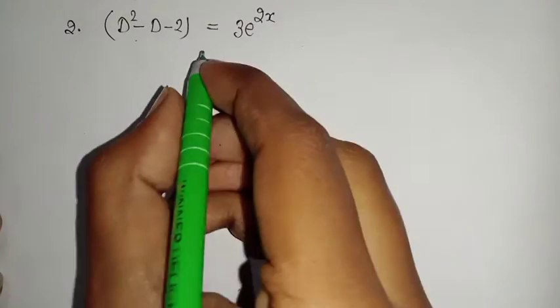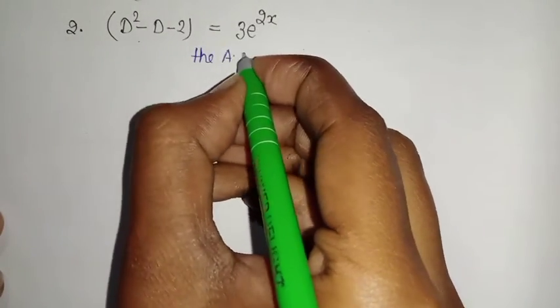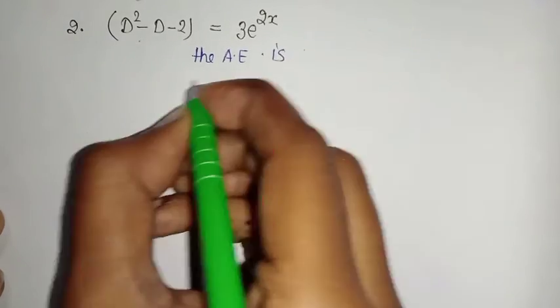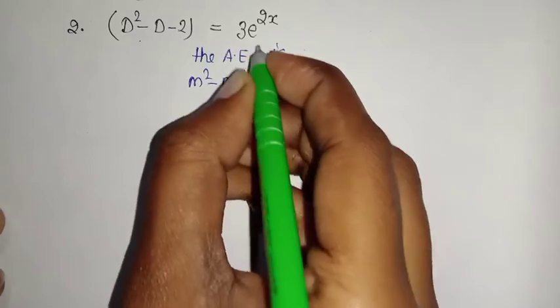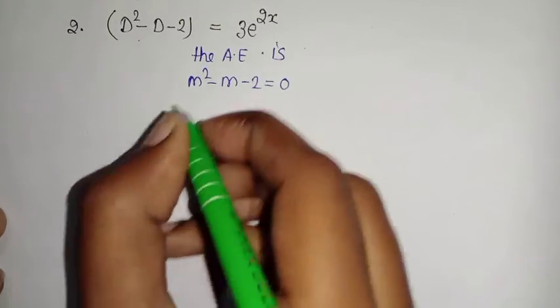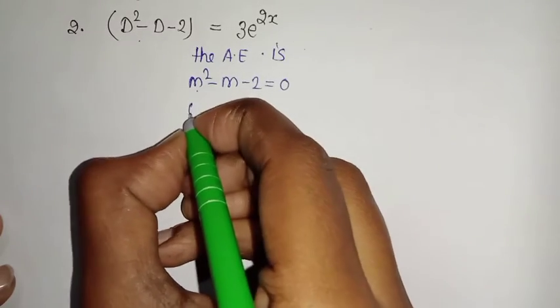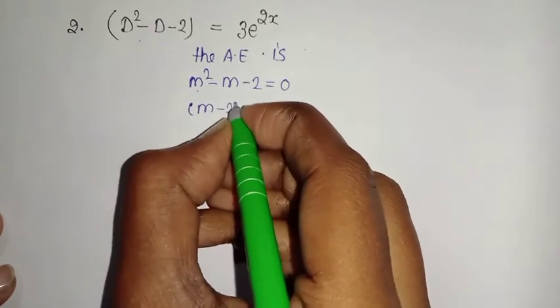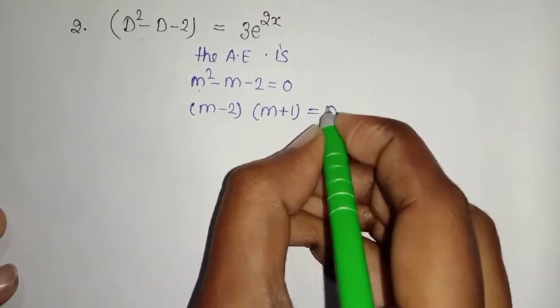So I am going to write the auxiliary equation. The auxiliary equation is m square minus m minus 2 is equal to 0, since we put RHS equal to 0 here. So if I factorize it, then I get m minus 2 into m plus 1 is equal to 0.